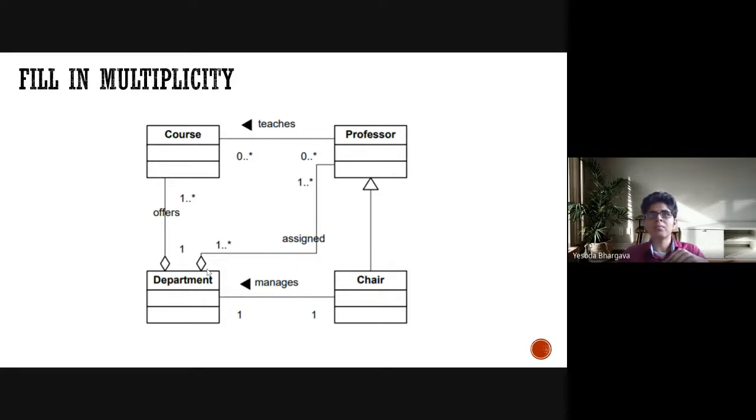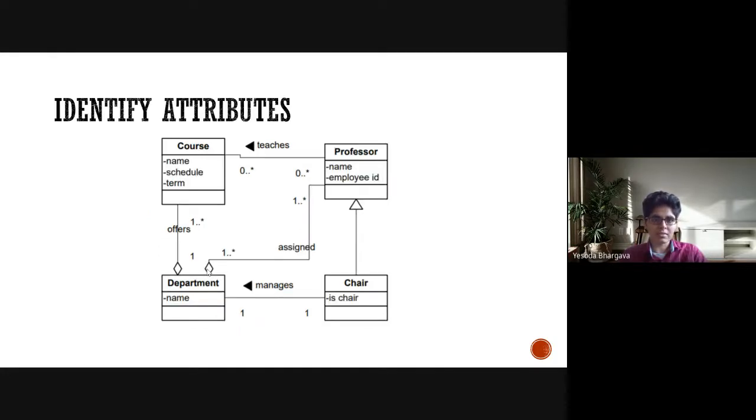There will often be situations when you start off with a particular class diagram and go on to implement it, and while you are implementing and testing, you realize that the multiplicity you had mentioned before in software design was not really accurate, and let me go back and look at it with fresh eyes. So now that you have identified the multiplicity, you identify the attributes in the classes.